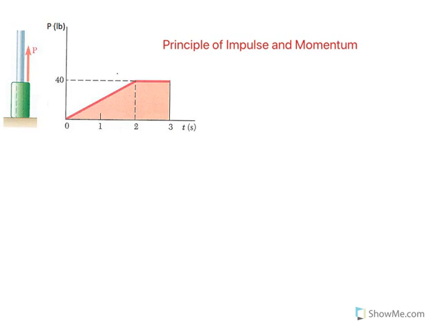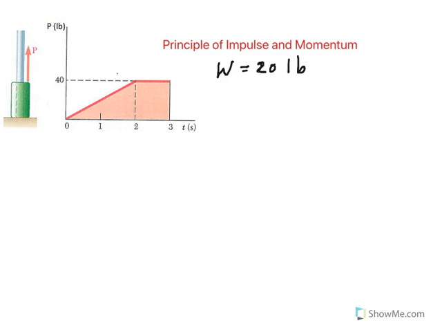So here we have this slider shown here in green under the action of the load in pounds, but the load, as you could see, is changing with respect to time. Initially it changes linearly from 0 to 40 pounds and then remains constant. Let's say we are given that the weight of the object is 20 pounds.